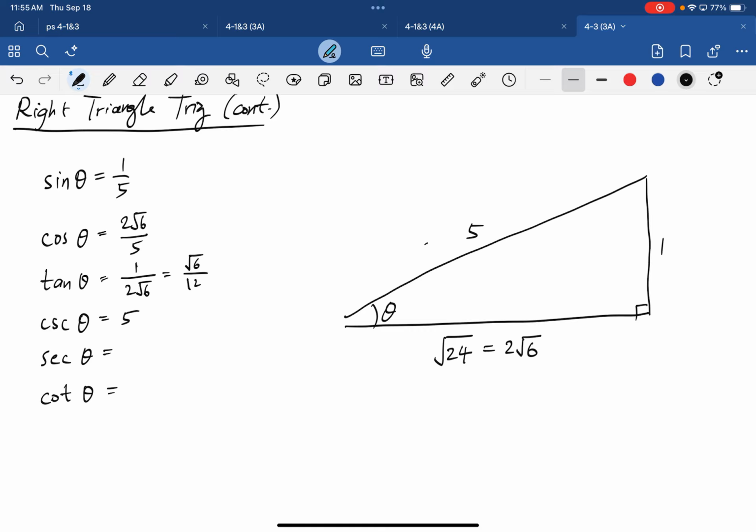Secant theta is 1 over cosine theta, which is 5 over 2 root 6, and rationalized, that is 5 root 6 over 12. Is that right? I think so. And finally, cotangent of theta is 1 over tangent, which is 2 root 6. Are we all good on this? So this was the homework.